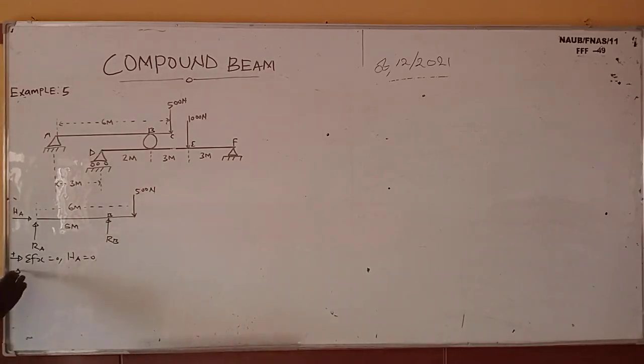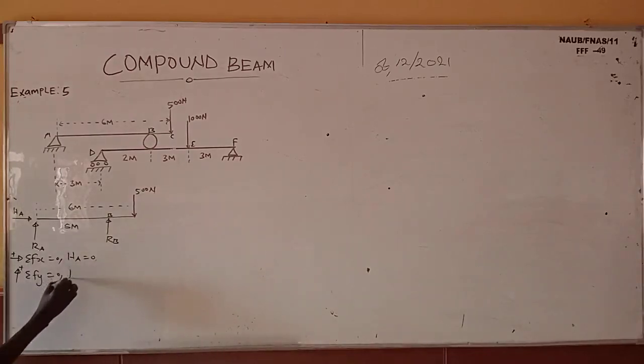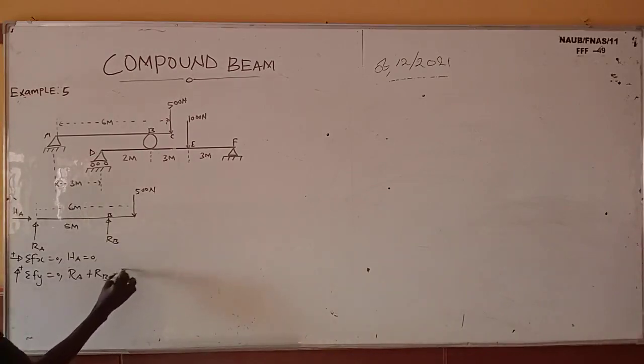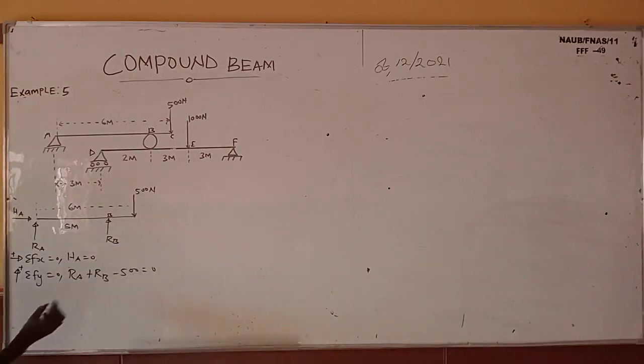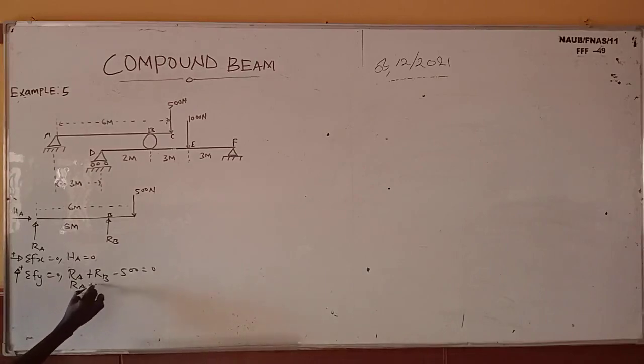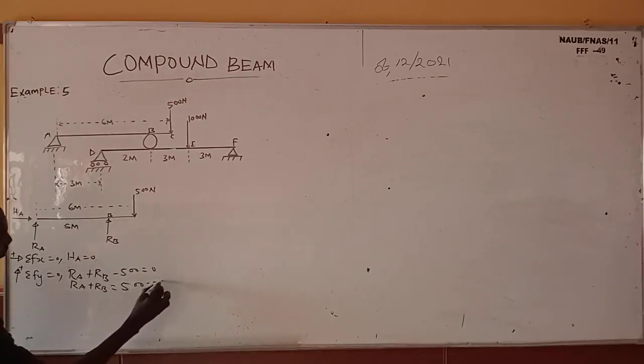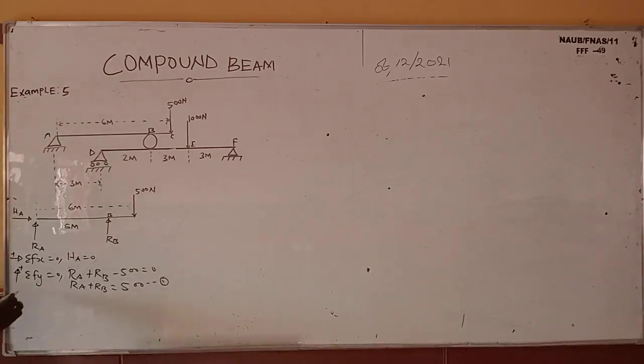So summation of vertical force equals 0, and vertical forces are arrow A plus arrow B minus 500 equals 0, which means that arrow A plus arrow B will be equals to 500, equation 1.